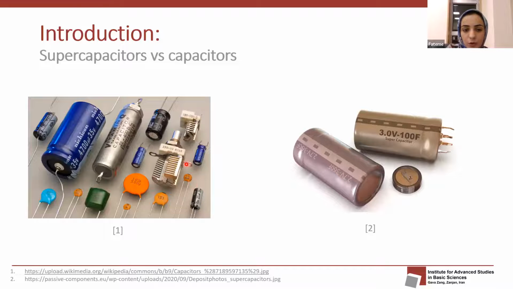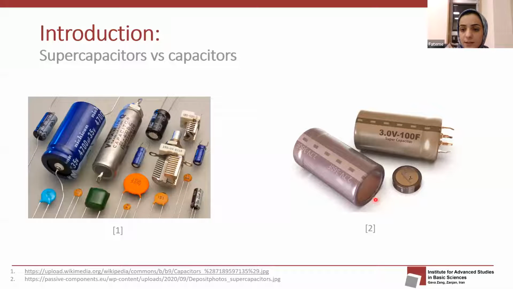For example, look at these two pictures. Picture 1 shows capacitors, and I'm not sure you can see it, but I can read it for you. For example, the capacity of this capacitor is in the order of 22 microfarad, and this capacitor is about 4,700 microfarad.